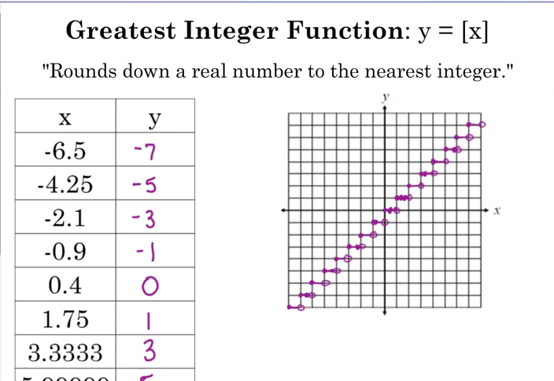We could have the greatest integer function of x plus 2, or you could have the greatest integer of x with a plus 2 outside. That's going to change the location of the graph. It's going to have the same characteristics, but it's going to be shifted left or right or up or down. So this is not the only one, but it's the most common one that you'll run into.